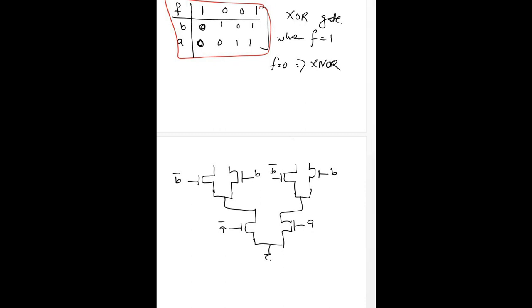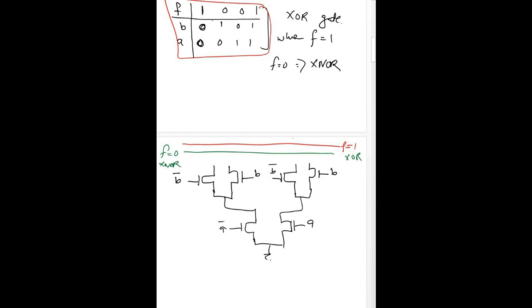For example, our F line is this here. This represents F is equal to 1, and we have a second line which represents F is equal to 0. So this represents XOR and this represents XNOR.